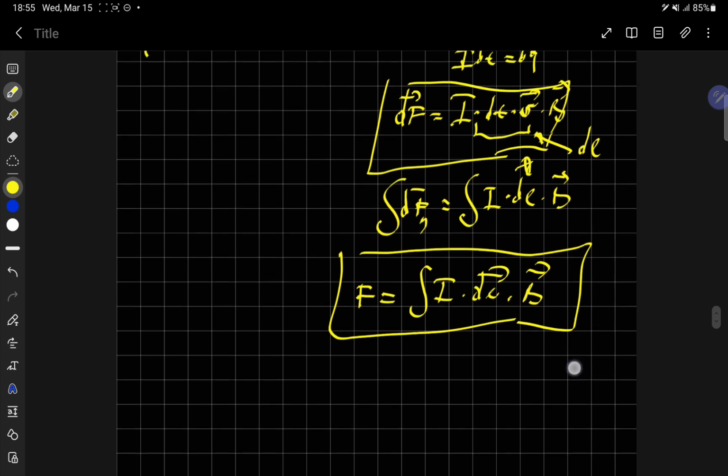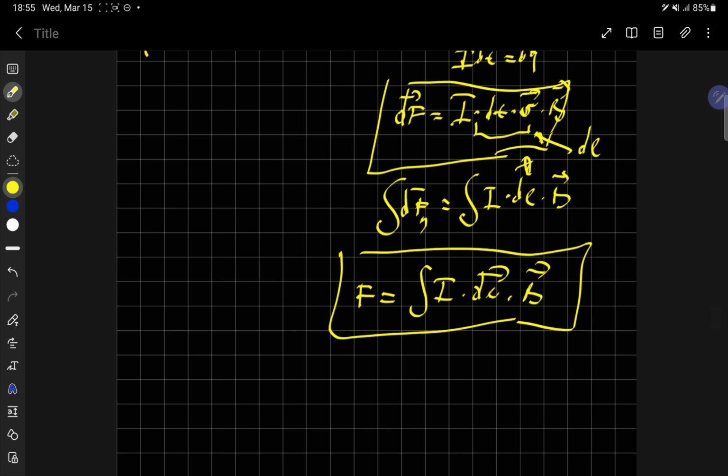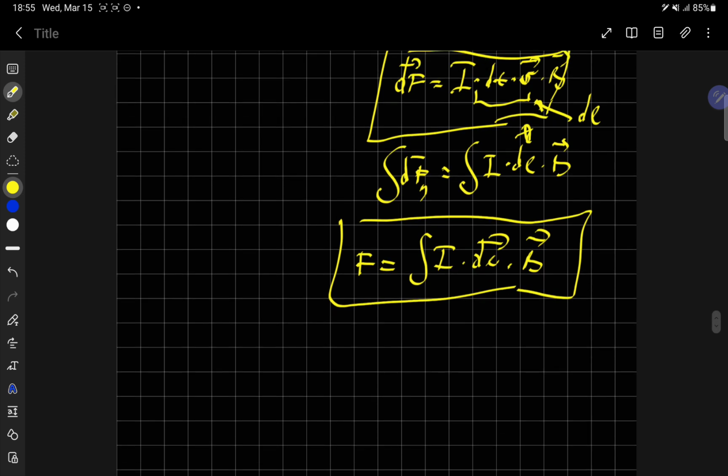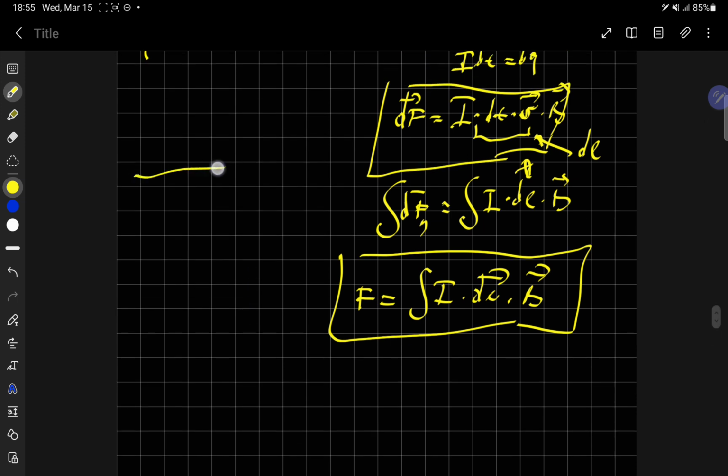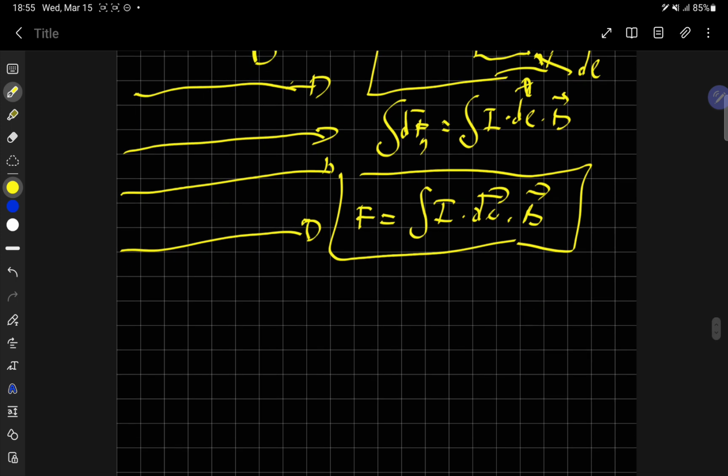Let me mention one more quite interesting thing: the magnetic field can't do work. The electric field can, but the magnetic field can't. Let me explain. Let's say we have some constant magnetic field like this, and a charge q with some velocity v.